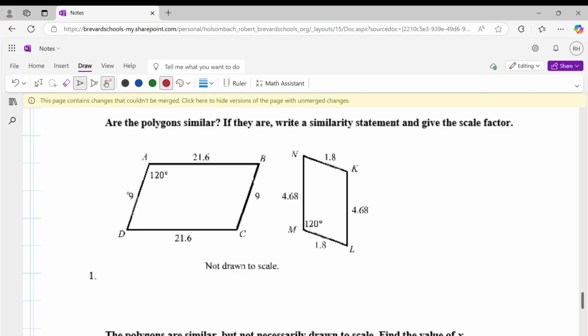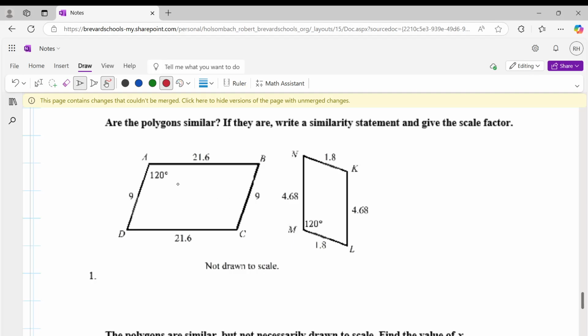So the two shorter sides on the shape on the left have the same length, and the longer sides are the same. With the smaller shape, the two shorter sides have the same length, two longer sides have the same length.